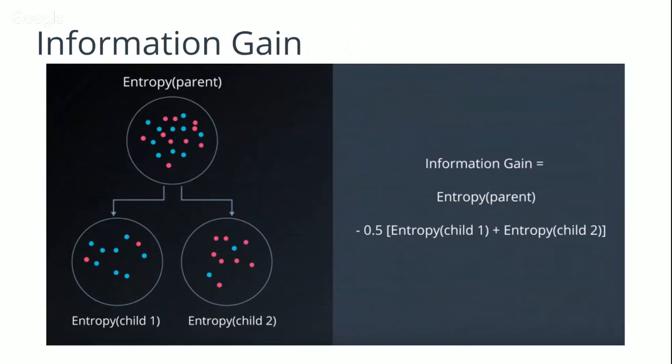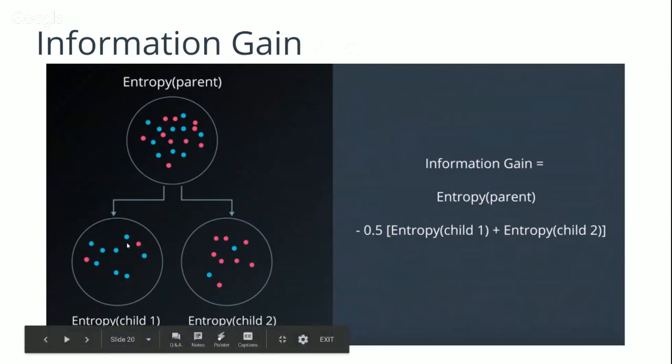The information gain equation is equal to the entropy of the parent, the first question being asked, minus 1 over the number of questions that you're asking times the entropy of each of the children. So in this case here, the parent has 2 children. So that's the entropy of the parent minus 1 over 2 times the entropy of child 1 plus the entropy of child 2.